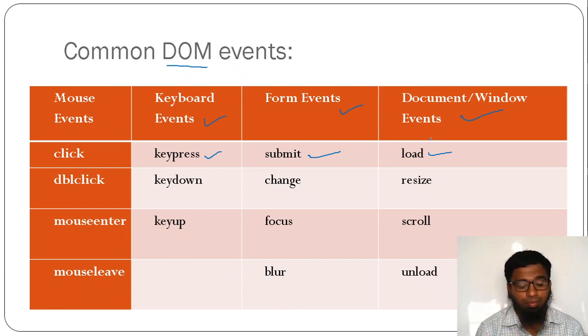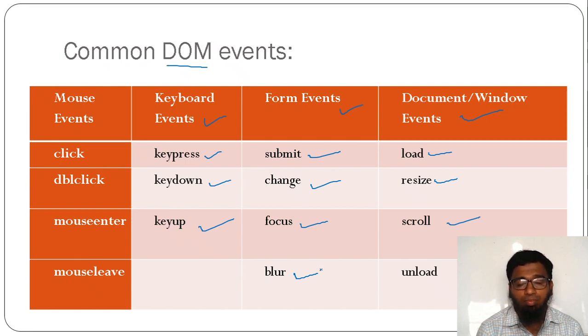Double click, when you double click; key down, with the help of the keyboard, we click the down arrow button; change, resize, mouse enter, key up, focus and scroll, mouse leave, blur.